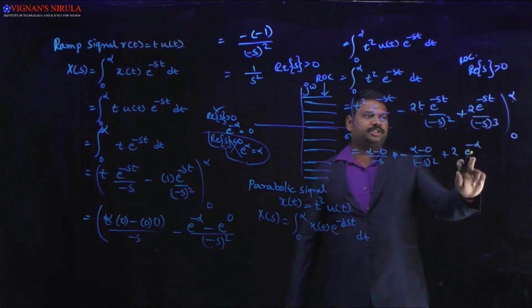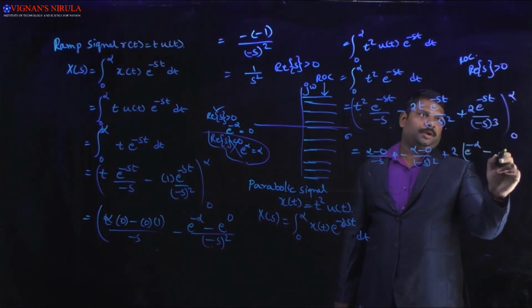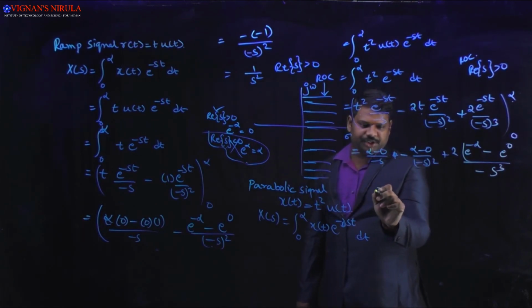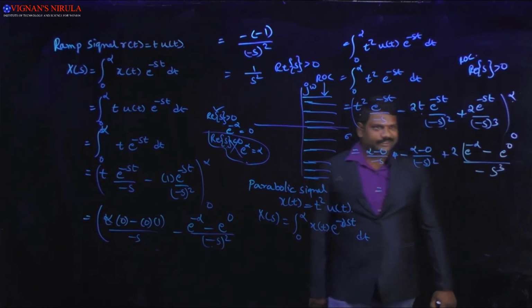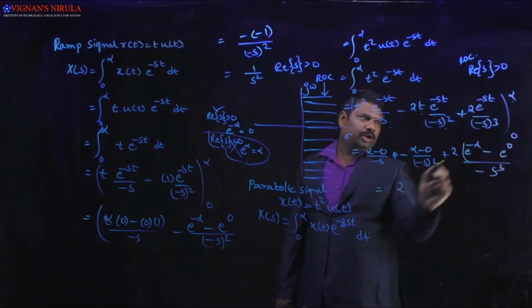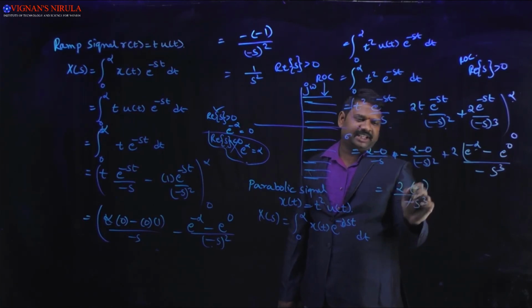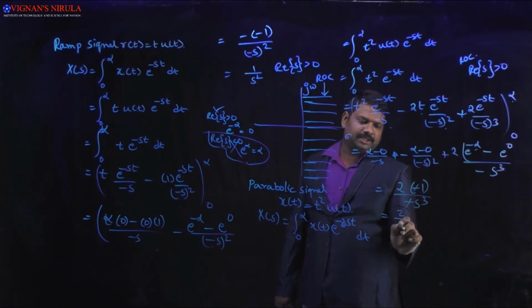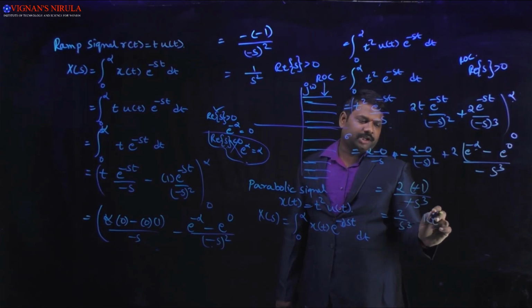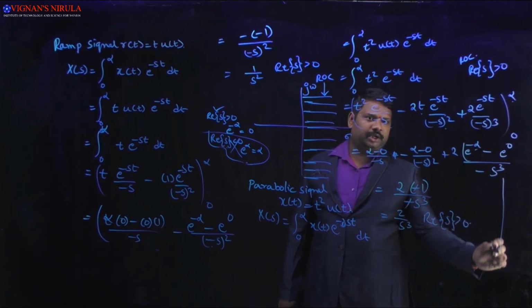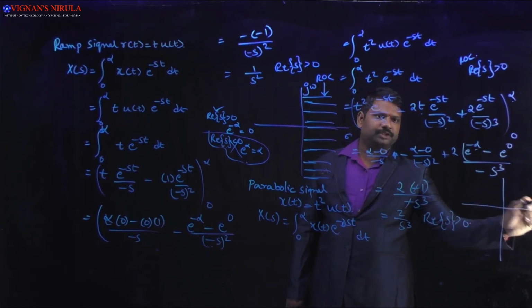Then we can write e power minus infinity minus e power 0 by minus s cube. Hence it will be equal to 2 into 0 minus 1 by minus s cube. Minus minus gets cancelled, giving 2 by s cube, provided that Re of s is greater than 0.